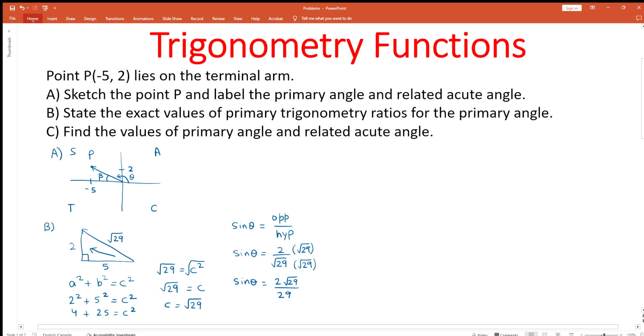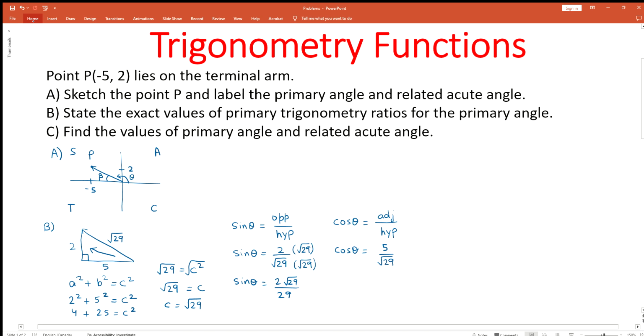Next, we can find the value of cos theta. As per SOHCAHTOA, the formula for cos is adjacent over hypotenuse. The length of the adjacent side in the right angle triangle is 5, and the length of the hypotenuse is square root of 29.